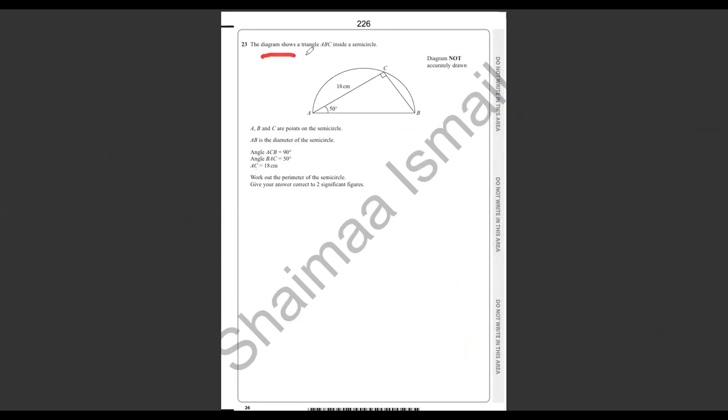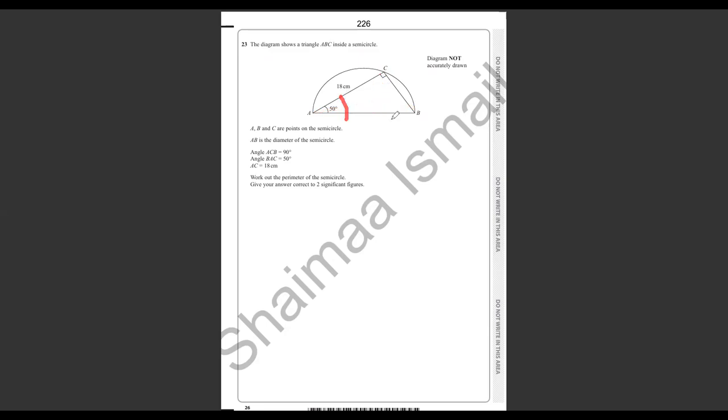So here the diagram shows a triangle ABC, which has inside a semicircle. Remember that is a 90 degree, so that is the diameter of the circle, and in front of it the 90 degree.